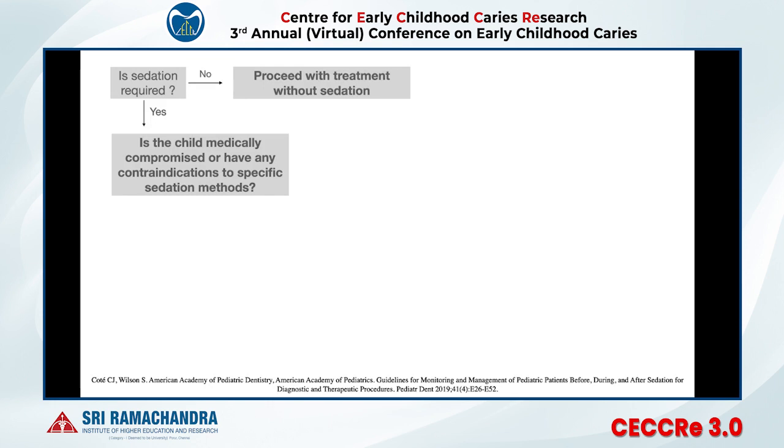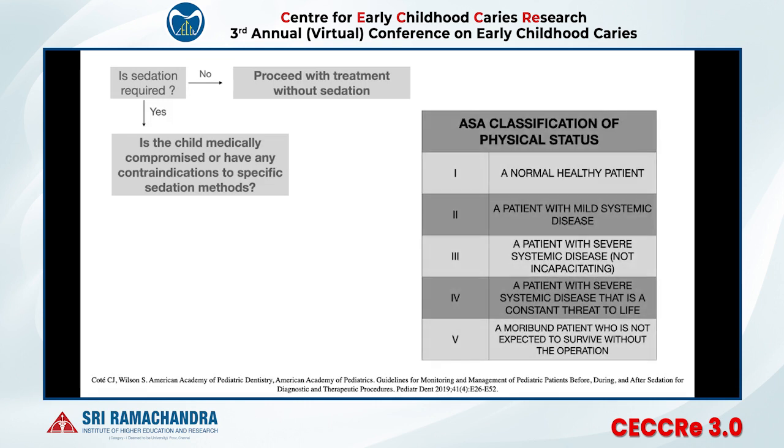Now here, you need to check the patient to find out if the child is medically compromised in any way or has contraindications to any specific sedation methods. The 3 main factors that can help you in diagnosing this include the ASA classification of physical status. You just have to categorize children as healthy or not healthy. Any child beyond ASA 2 is not a great candidate for sedation in office.